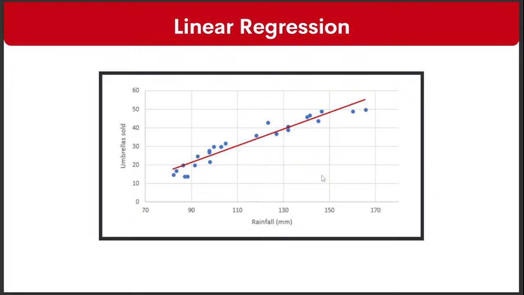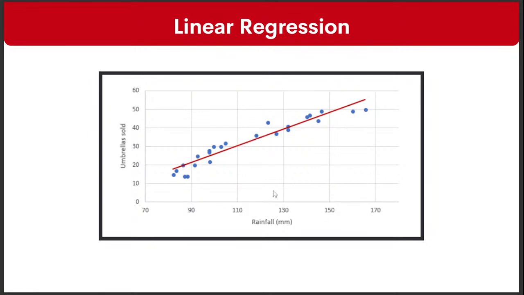Whenever the rainfall in millimeters increases, the umbrellas sold also increases. Am I correct? Can you see the trend, dear participants? When the rainfall value increases in X, the value of Y also increases.